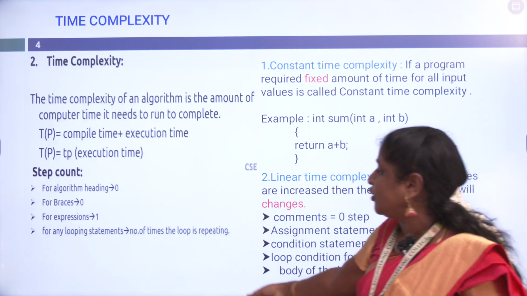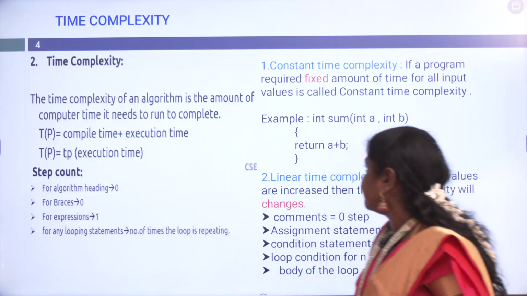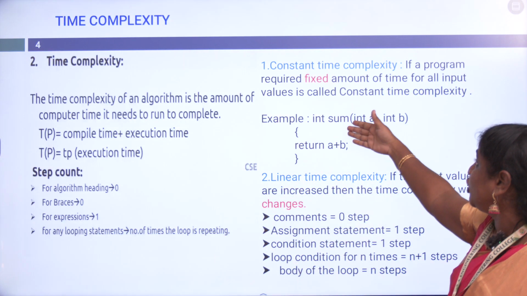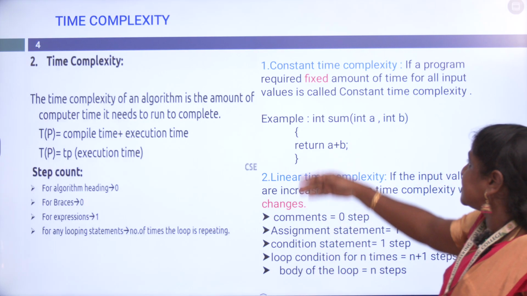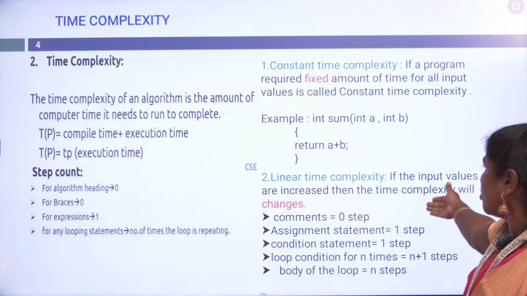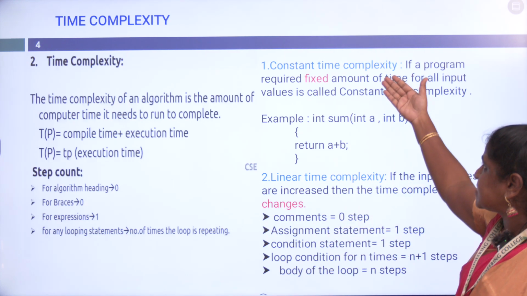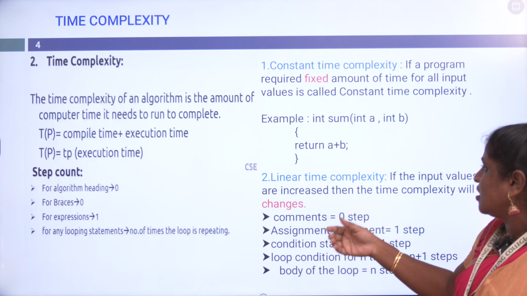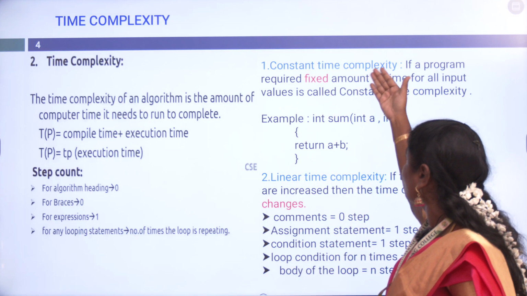We have 2 types of time complexity, constant time complexity and linear time complexity. What is constant time complexity? If you solve any expression, that comes under constant time complexity.